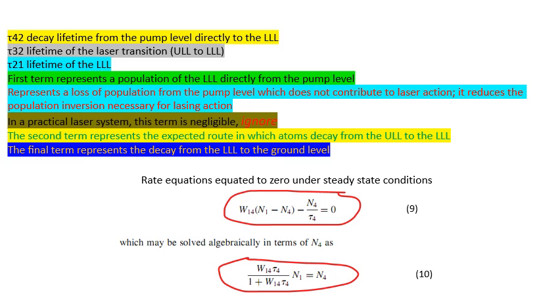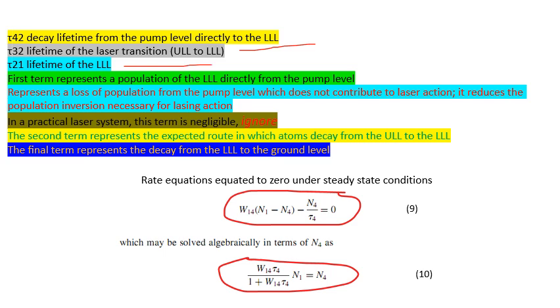Tau 42 is the decay lifetime from the pump level directly to the LLL, obviously, and tau 32 is the lifetime of the laser transition from ULL to LLL, and this is the lifetime of LLL to the ground.